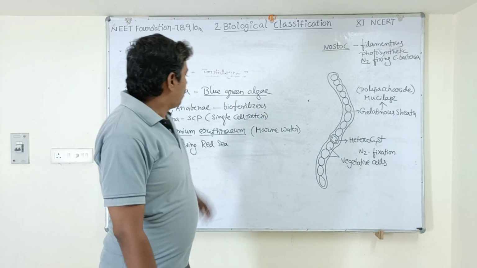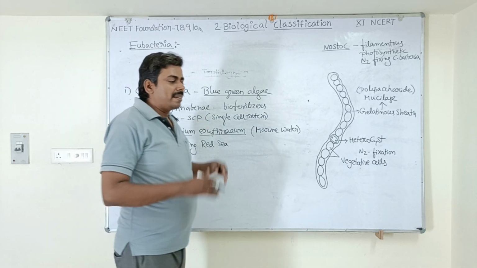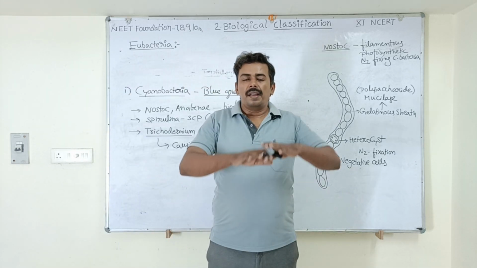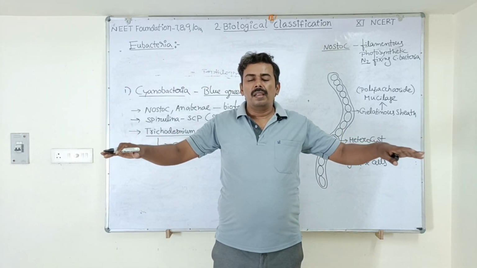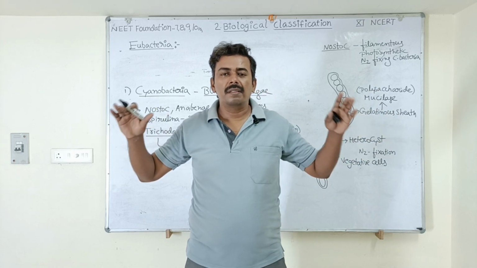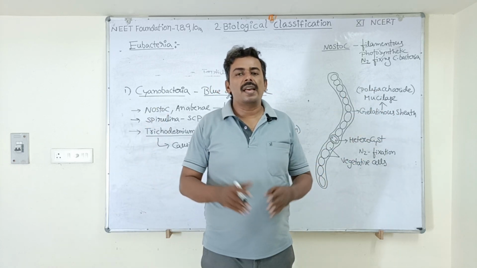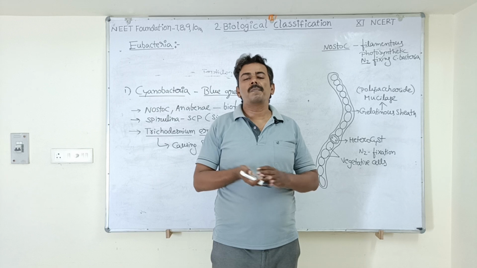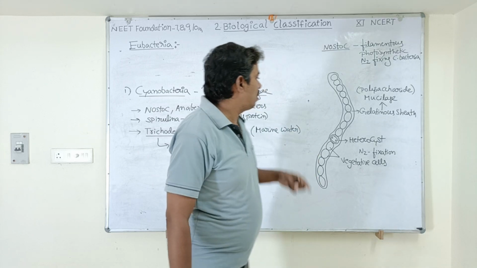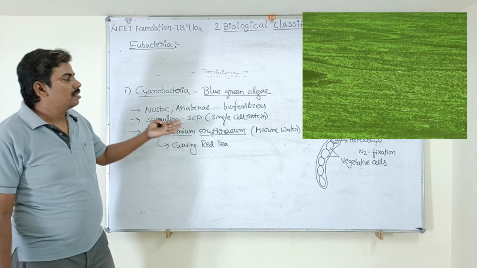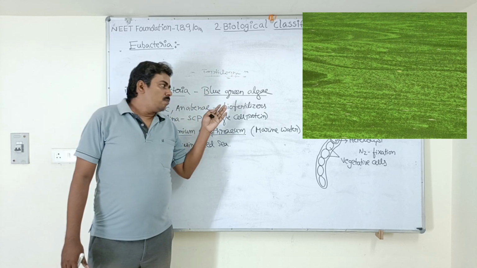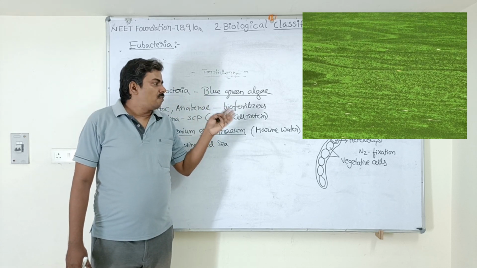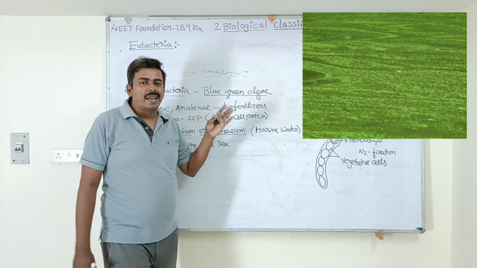When these cyanobacteria grow excessively in water bodies, the entire water surface appears green in color. We call these algal blooms, or simply blooms. You can see the video of algal blooms here, students. These are the blooms of cyanobacteria formed on the surface of water due to excessive growth.